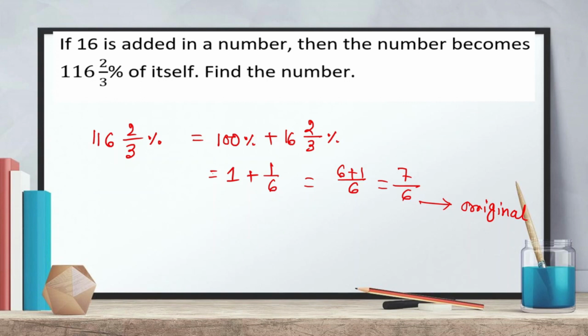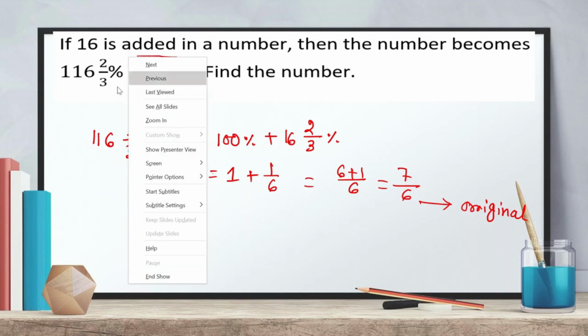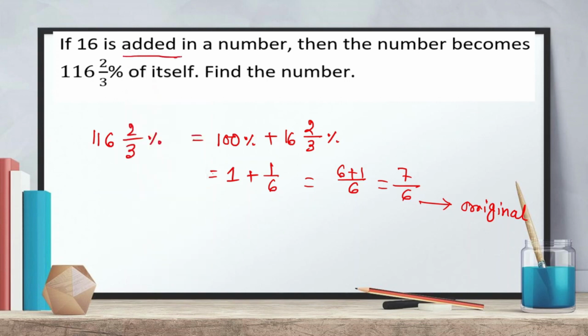That means the numerator value is after decrement or increment. As here it is added, so it is after increment. So the original number was 6, and after increment it is 7. Then how much is the increment?